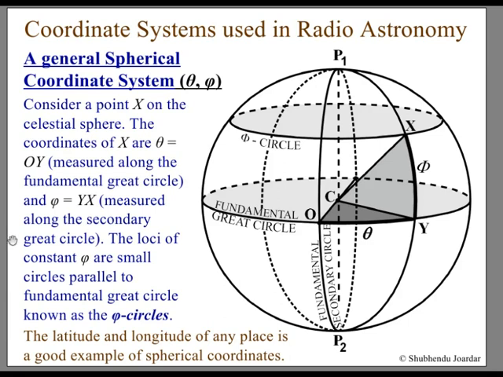So there should be a fundamental great circle like this, and there should be another in this direction. The one that cuts the polar axis is the fundamental great circle, and the one parallel to the polar axis is called the fundamental secondary circle. You can see it marked here.